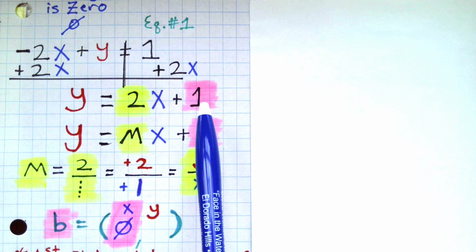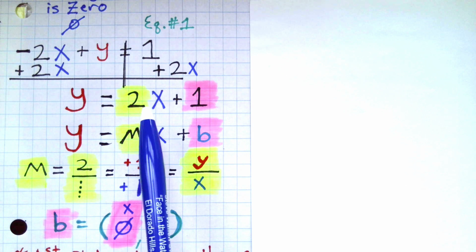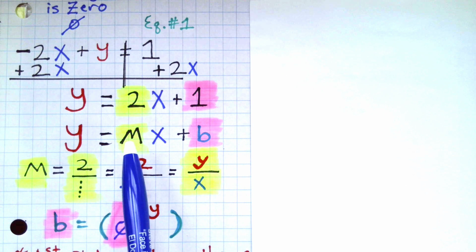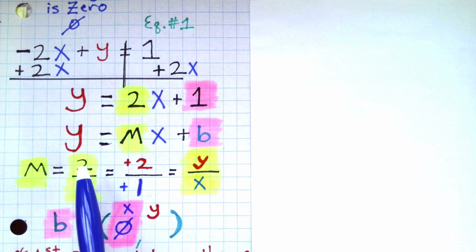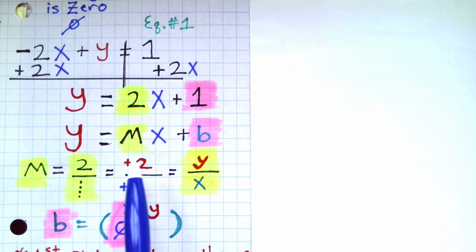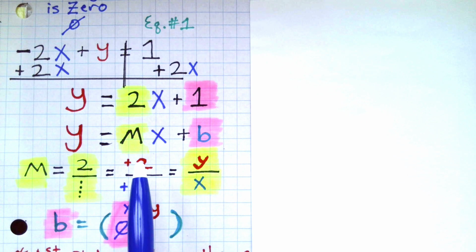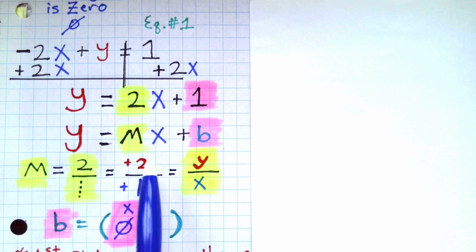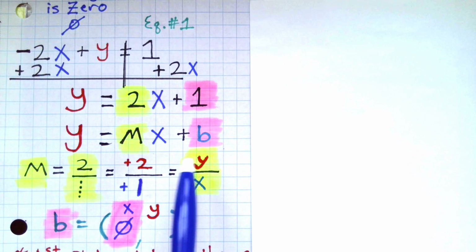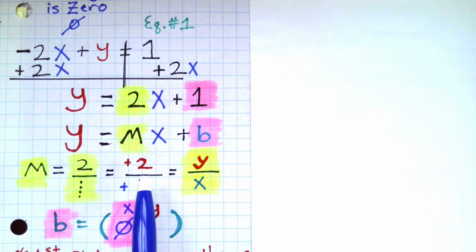All right. Now, your 2 is your m value. That's your slope, and it's always a fraction. 2 over the invisible 1, right? So 2 represents your y value. It's a positive 2, so it represents a positive 2 on the y-axis. The invisible 1 is a positive 1.